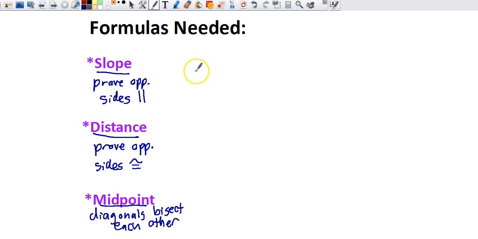Let's refresh each other on what the slope formula and distance and midpoint formulas are. So slope, it's not mx plus b. Don't think of a line. Think of what is m, and that's rise over run. Or more formally, we do y2 minus y1 over x2 minus x1.